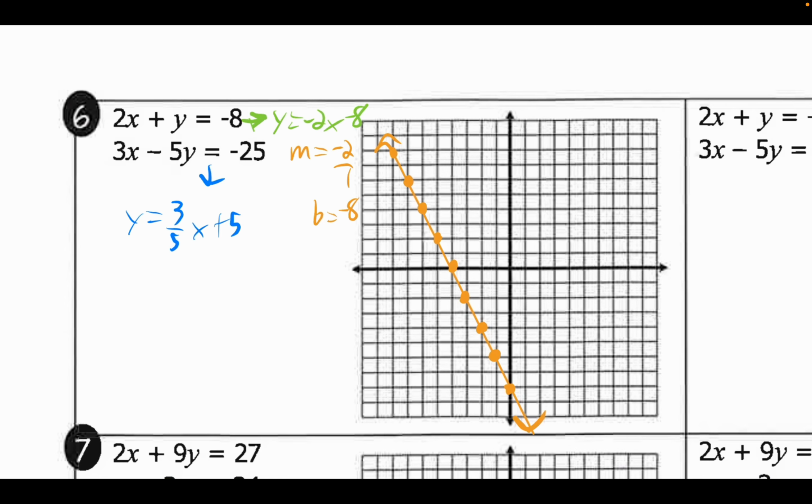And the bottom equation has a slope of 3 over 5 and a y-intercept of 5. And so those intersect at this green point, which is negative 5, 2.